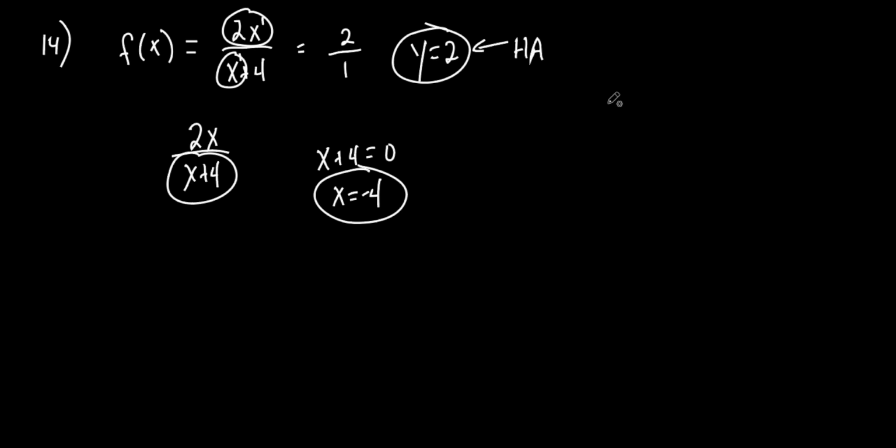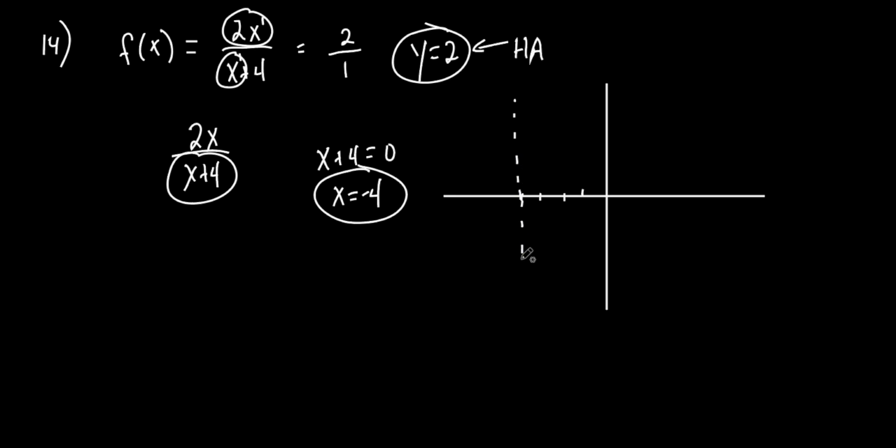If you wanted to start off graphing it, knowing what your asymptotes are really helps a lot. So the vertical one is negative 4, so 1, 2, 3, 4. This is your vertical asymptote. And what is this one? y equals 2. That's your horizontal asymptote. Now, it is a positive, not a negative.